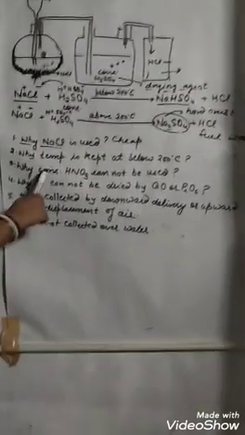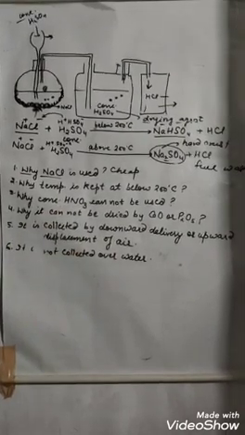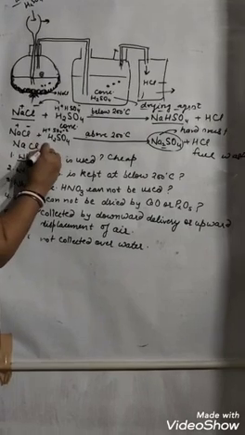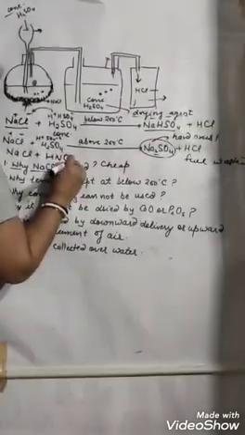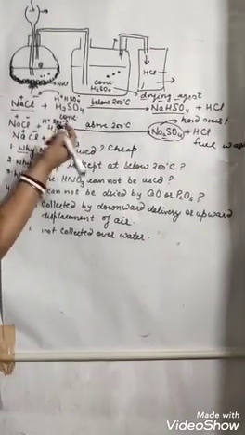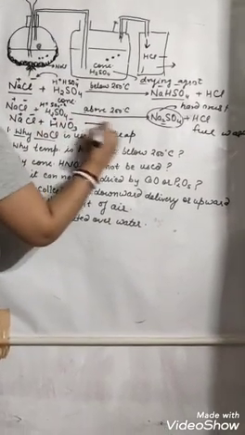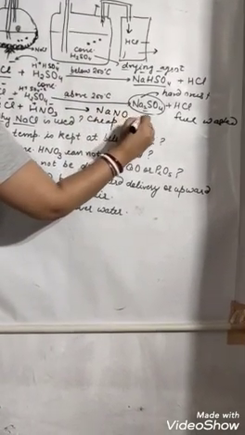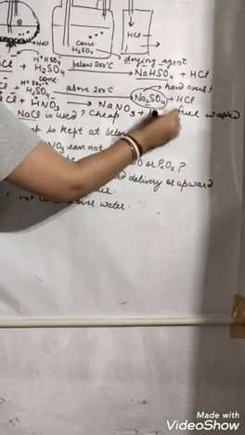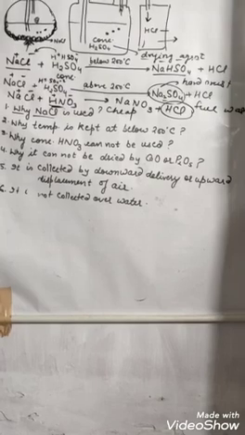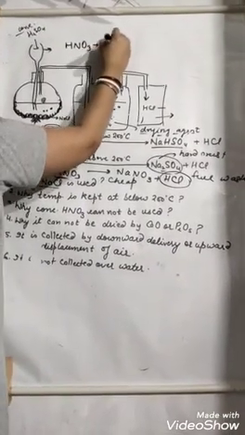Now third question, why concentrated HNO3 cannot be used? NaCl we are taking and reacting it with HNO3. So Na plus Cl minus, 1 H is there, so it will release H plus NO3 minus. So it is going to form NaNO3 plus HCl. HCl is forming, but why are we not taking this? Because HNO3 is a volatile acid.